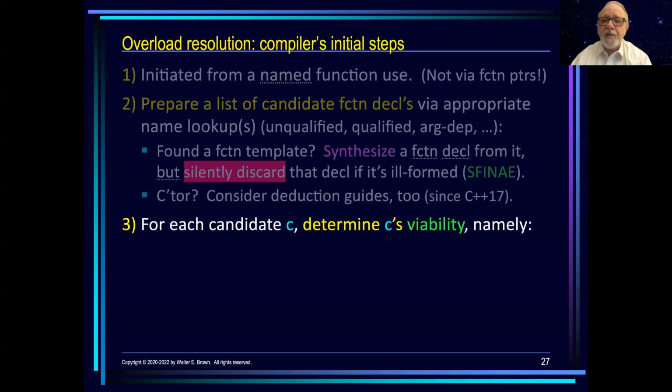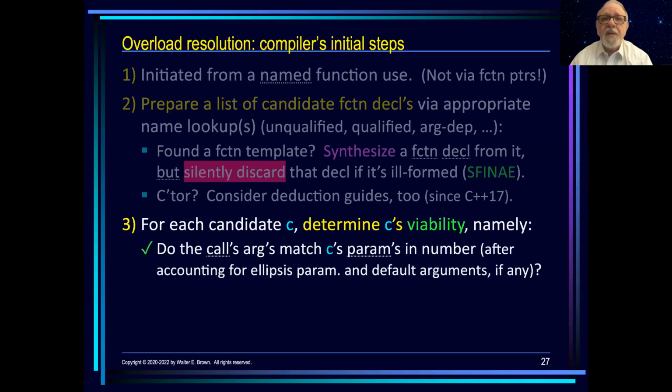In particular, do we have the same number of arguments as we have parameters in the declaration? And of course, we have to account for default arguments if there are any, and we have to account for an ellipsis parameter if that's present. But after accounting for all that, do we have the correct number of arguments to match with the number of parameters in the declaration? And if the answer is no, this is not a viable candidate.